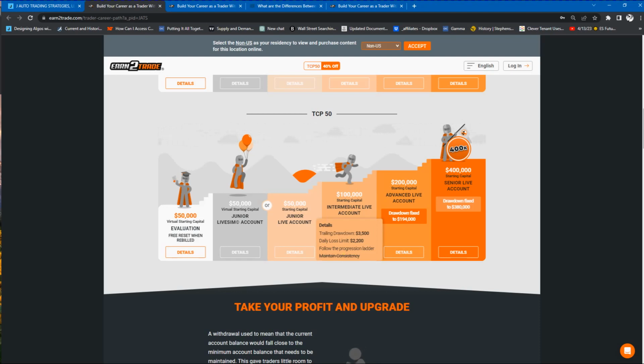And once you hit that profit target, you are able to put that in your checking account or PayPal account and be enrolled in the next level with a fixed drawdown at 200,000, which is fantastic. Hit that profit target, put the money in your account, and go to the next level.